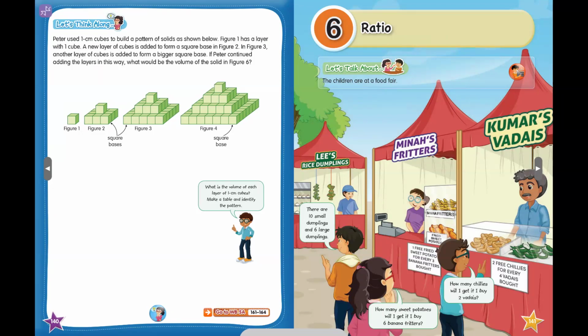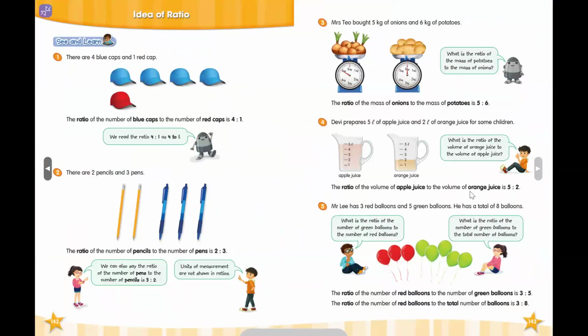So the question you had in mind was, if I buy 6 banana fritters, how many sweet potatoes do I get free? And then here for the chilies, let's say it's 2 free chilies for every 4, but if she only buys 2, then how many chilies does she get? So that was the introduction cover.